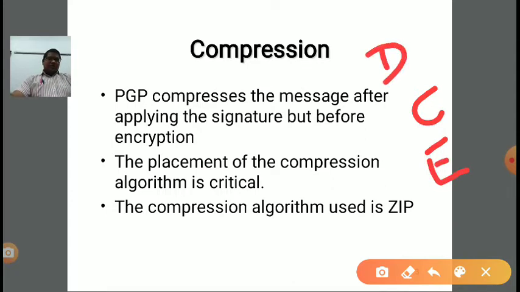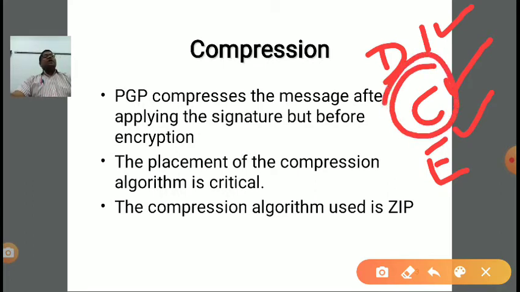So if you read this point again, PGP compresses the message after applying the signature. First we need to apply the digital signature, after that compression will be done, and after that encryption will be done. Clear? The order is very important. DCE: first digital signature, second compression, and third encryption. So the placement of compression is very important.